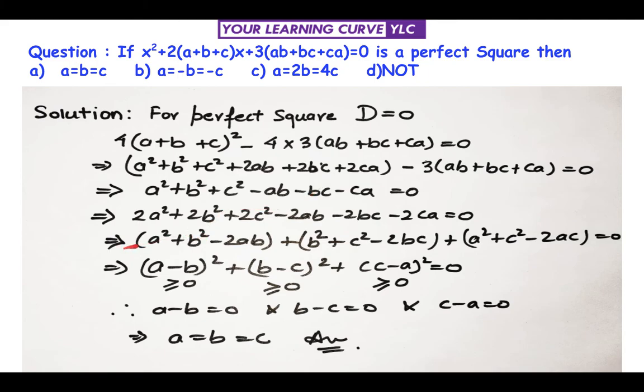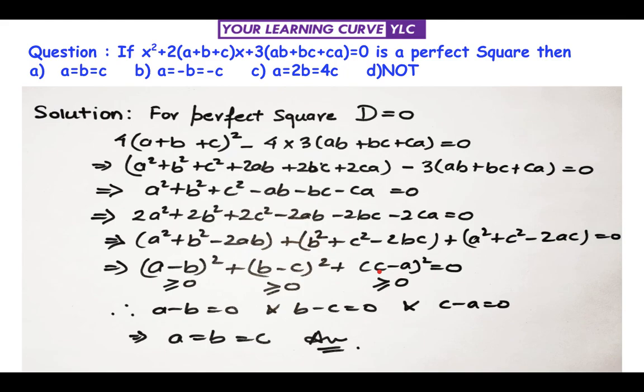So, if you combine this, you observe this is a perfect square, (a minus b) whole square, this is a perfect square, (b minus c) whole square, and this is a perfect square, (c minus a) whole square. So, this number is greater than or equal to 0, this number is greater than or equal to 0, and this number is also greater than or equal to 0.